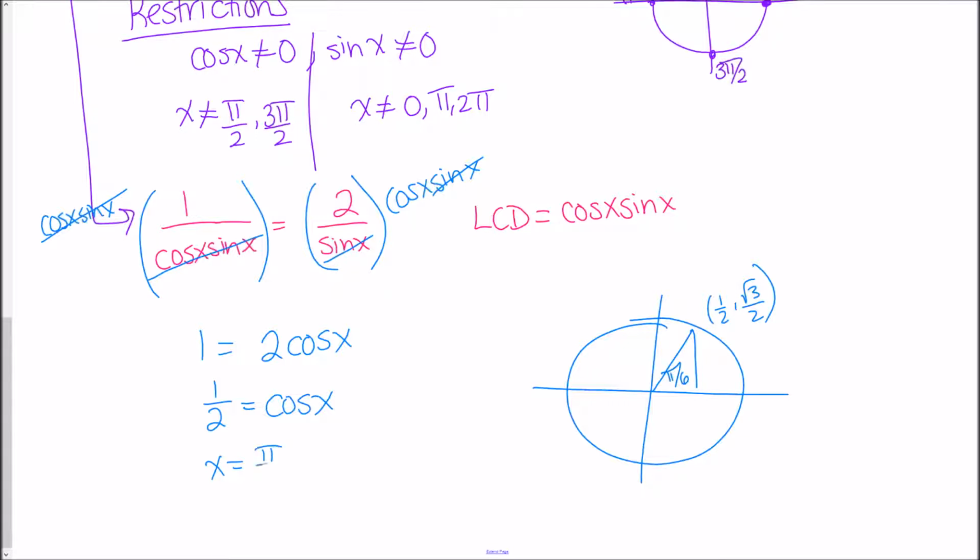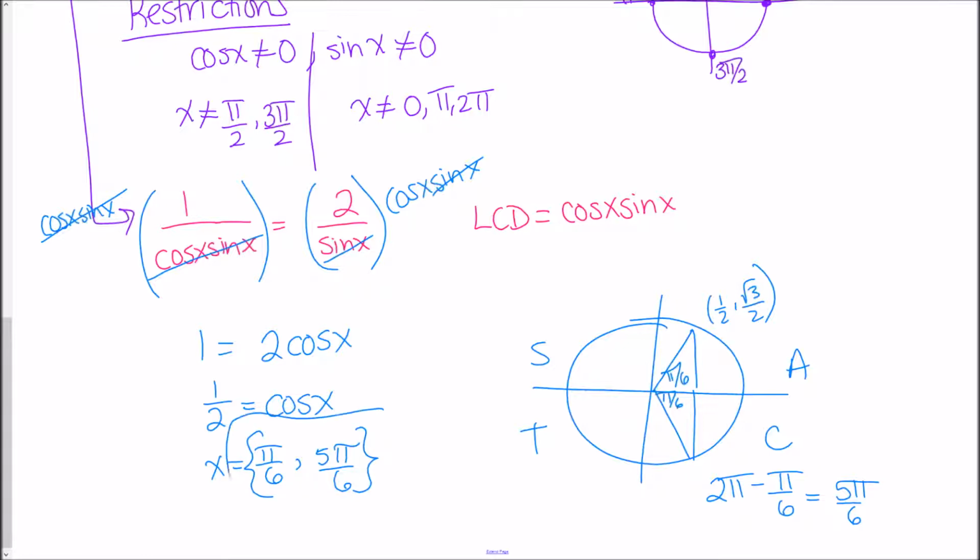So pi over 6 is one possible answer, but the CAST rule tells us that it's also positive in the fourth quadrant, and we know our related acute angle is pi over 6, so our answer is going to be 2 pi minus pi over 6, which is 5 pi over 6. So 5 pi over 6 is my other answer, and that is my solution set.